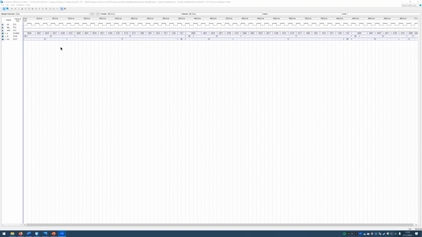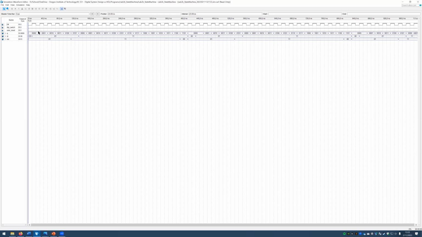I'll show you my waveform. Yeah, so I think I got this going. Q is my counter right now, and then this is state and next state. So I go from state 0 to 1 because my dip switch is 0.